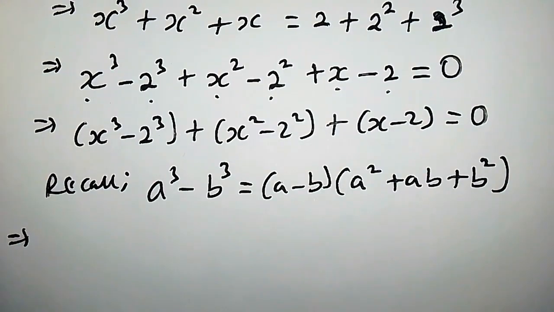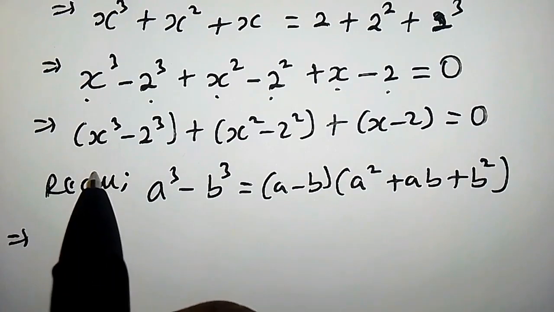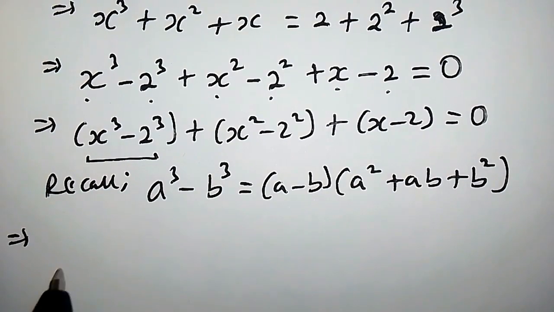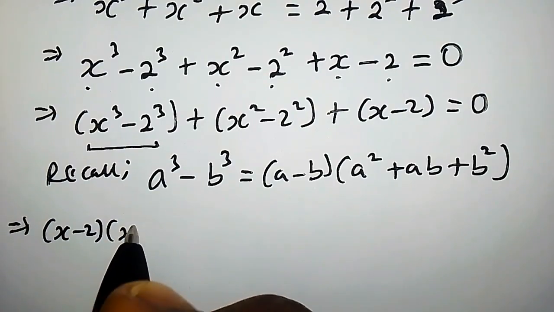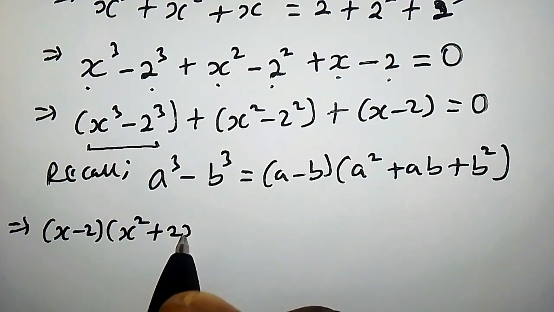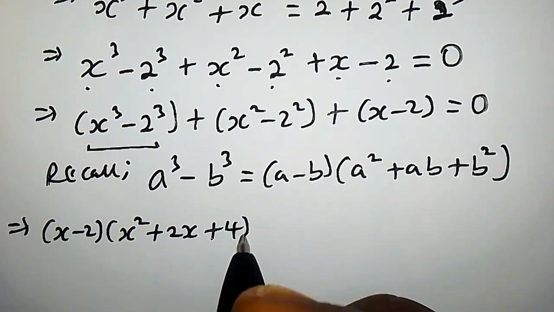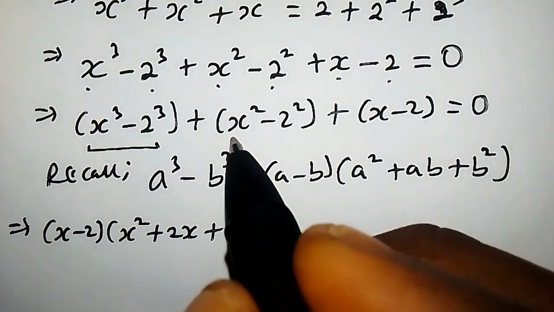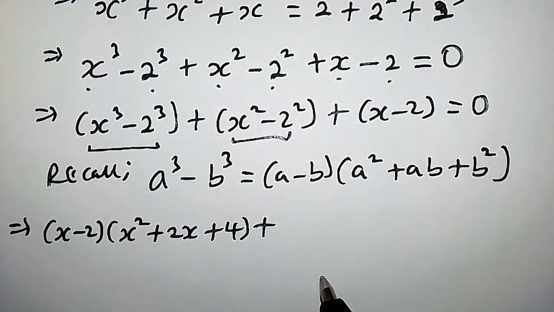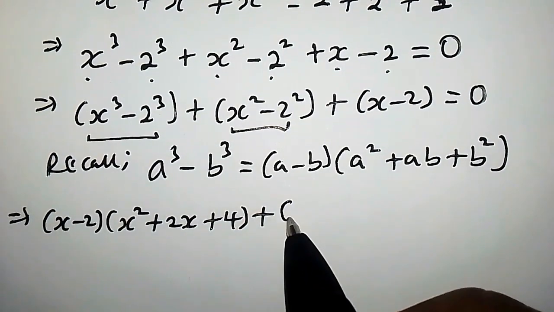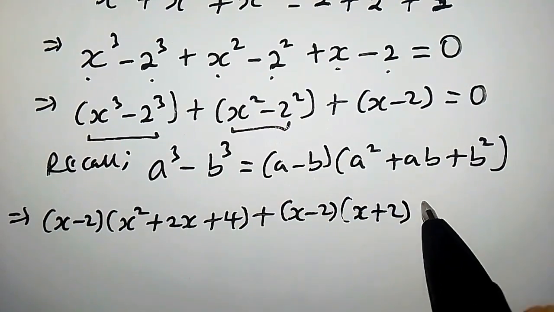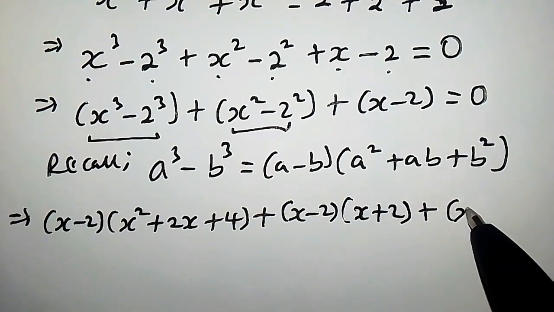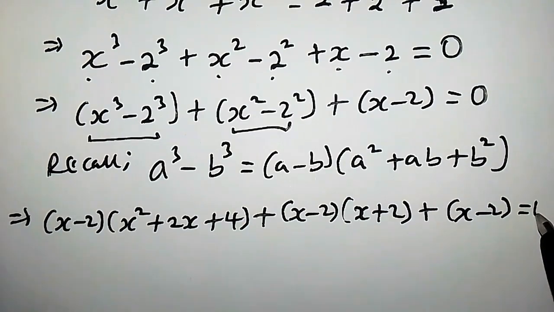Applying this identity here, we simply have x minus 2 times x squared plus 2x plus 4, plus x squared minus 2 squared is the difference of two squares, and we can rewrite it as x minus 2 times x plus 2, plus x minus 2, equal to 0.